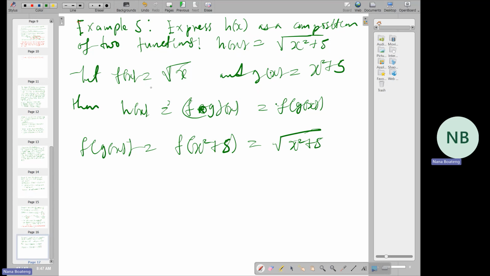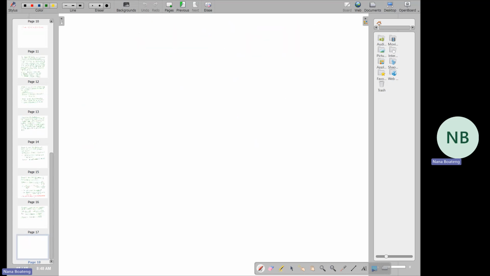So if we let f of x be the square root of x and g of x be x squared plus 5, the composition f of g of x will give us h of x. All right, so let's look at some other examples. So this is example 1a.